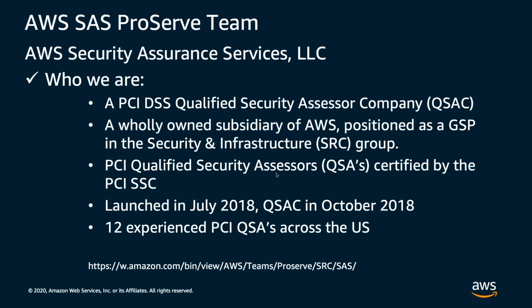As a bit of background, we were formed in 2018 and are a wholly owned subsidiary of AWS, operating as a qualified security assessor company, also known as a QSAC. We are able to perform all functions of a QSA. Our main focus in regards to this effort was to review and provide subject matter expertise rationale for all AWS Security Hub rule checks that we thought could benefit a customer in their effort to meet PCI DSS compliance.